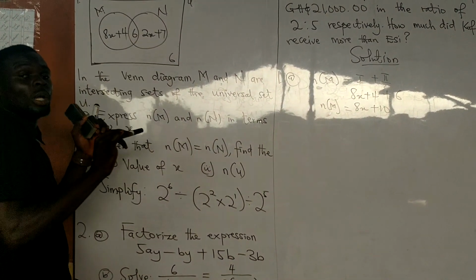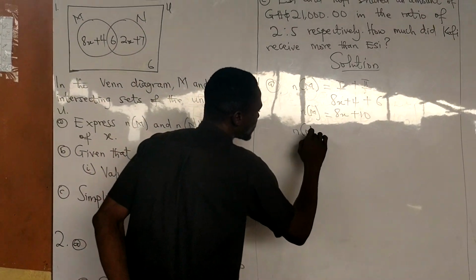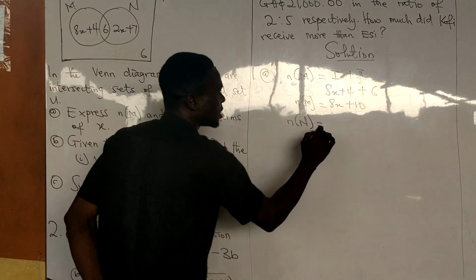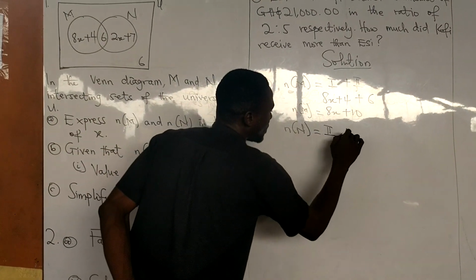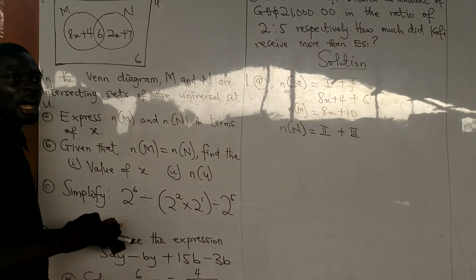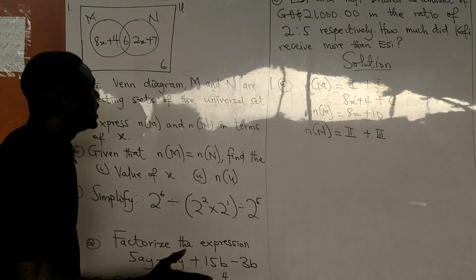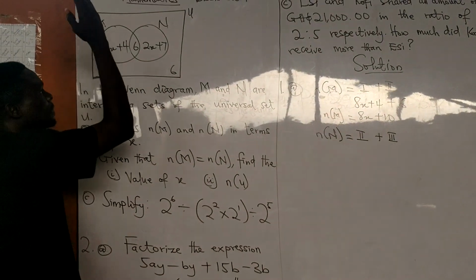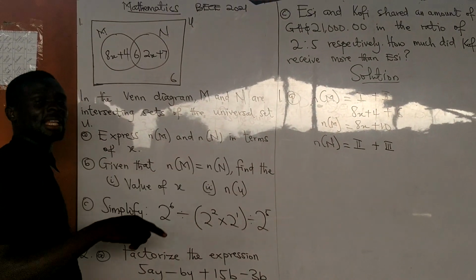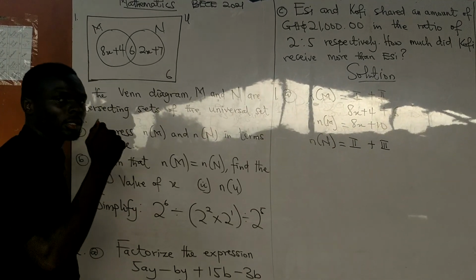To write the number of N, this is going to give us region II plus region III. Now you should know that this IV is the complement. It doesn't belong to M, it doesn't belong to N, but it is inside the universal set, and we call it the complement.